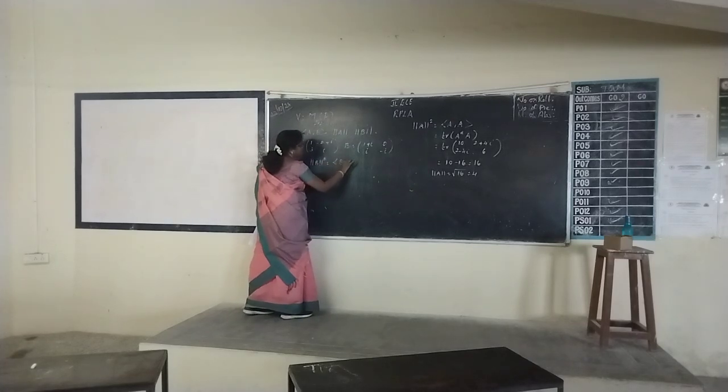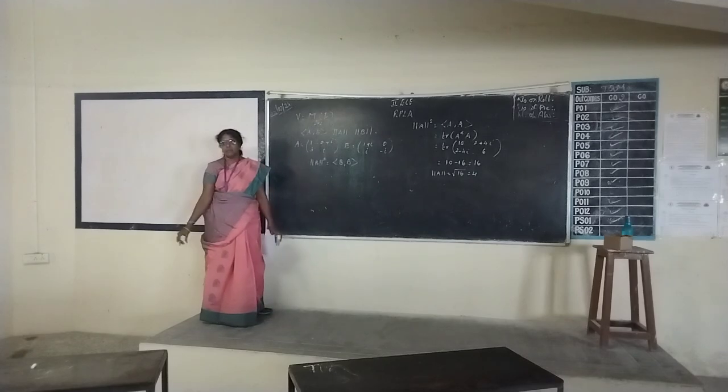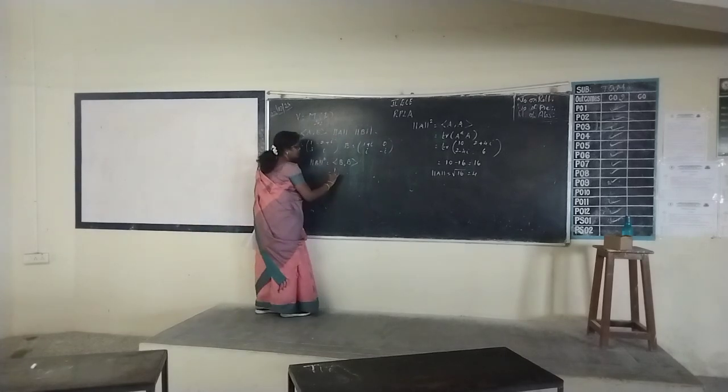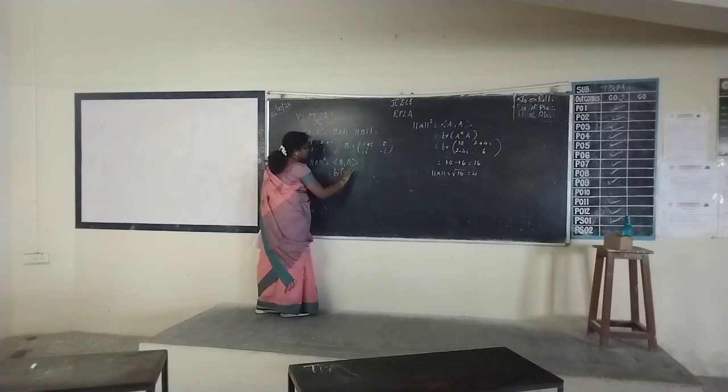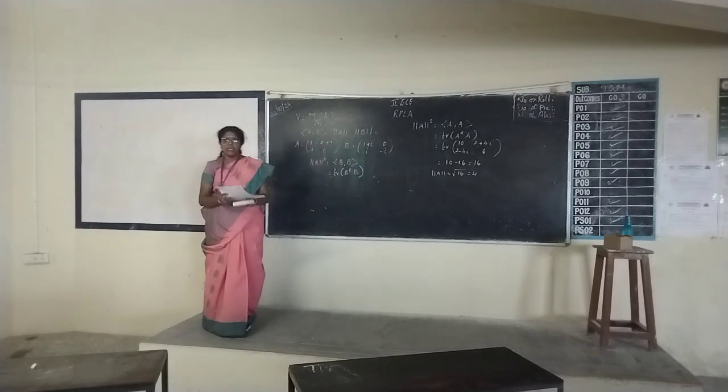Inner product of B comma B. What is the definition? Trace of B star B. Already we got B star, multiply it with B and take the trace.